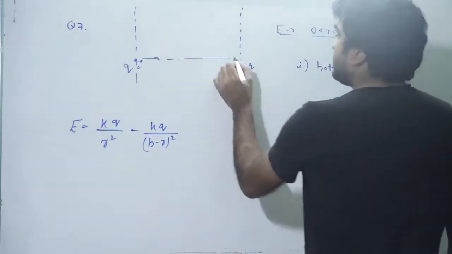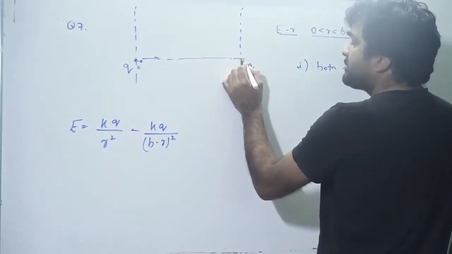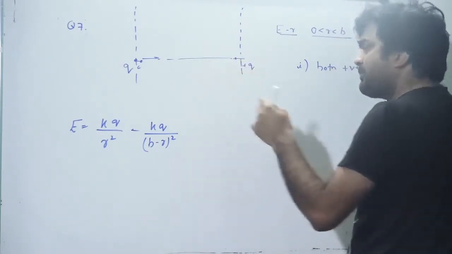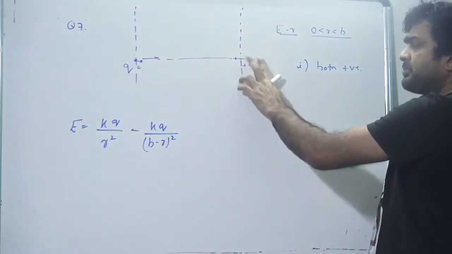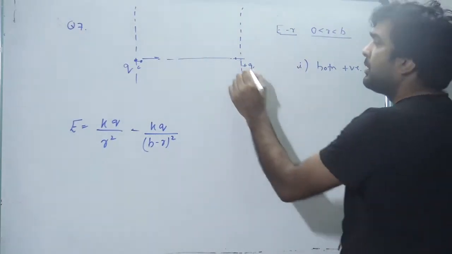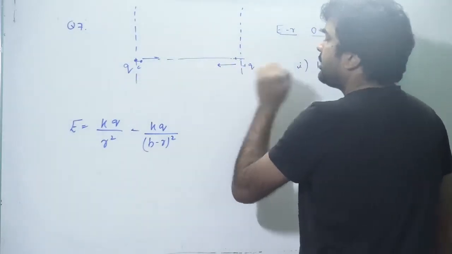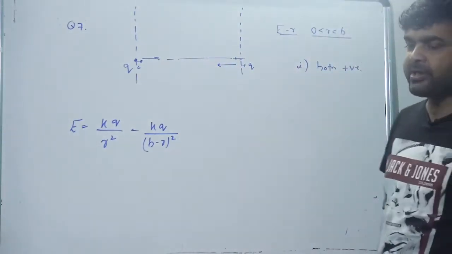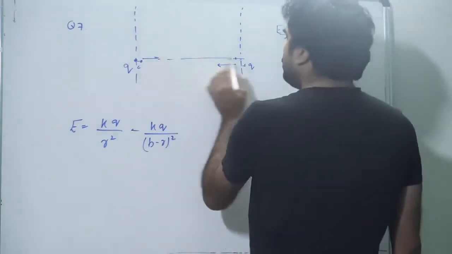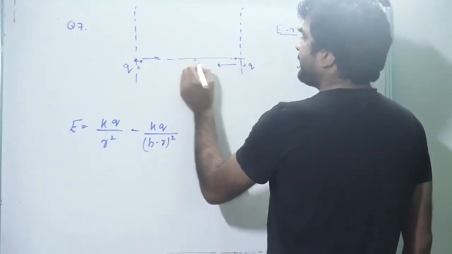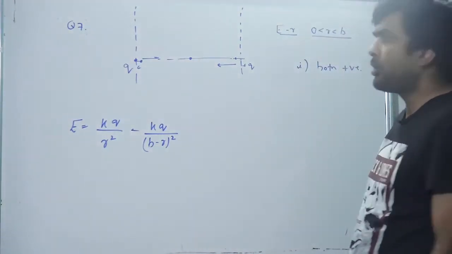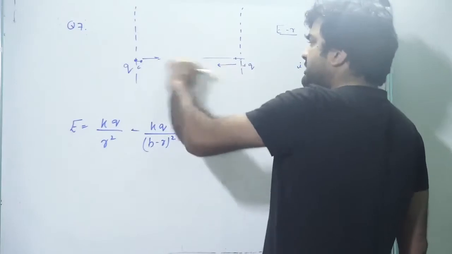And just left of this positive charge q, electric field will again be very large because of the very small distance, and it will be towards left, and left side is taken as negative. And midway between the 2 point charges, electric field should be 0, because electric field of this charge and this charge will cancel out.